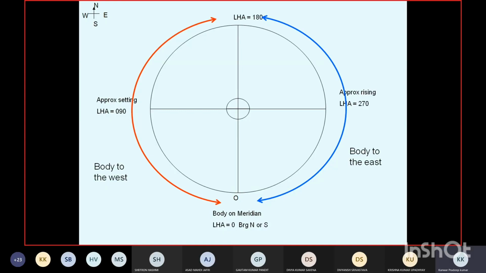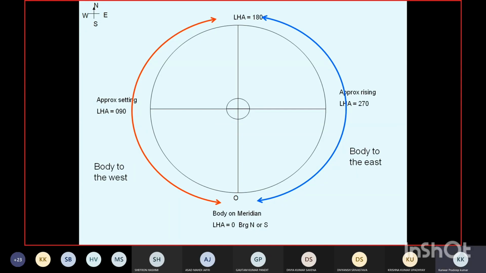Today we have understood the shape of the celestial sphere, and we have done the equinoctial diagram and the hour angles. The equinoctial diagram means looking from the top of the pole.